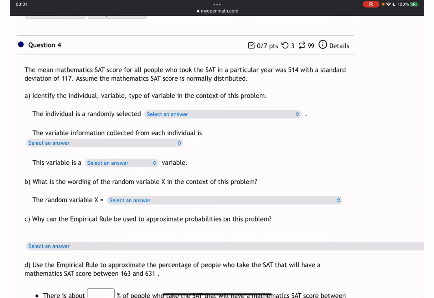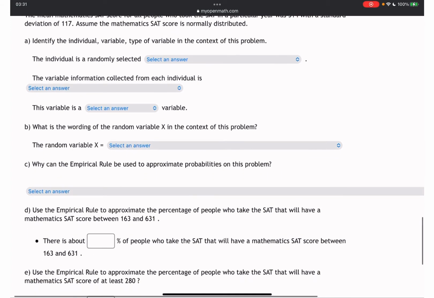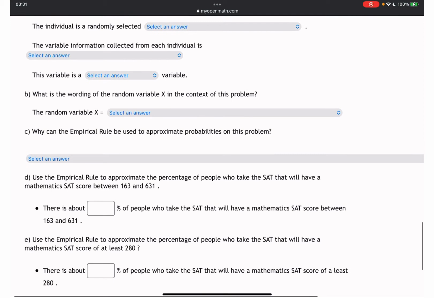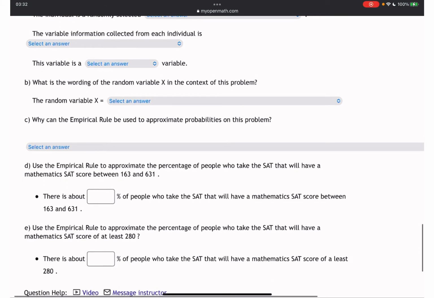So question number 4 is similar. There are just some questions that I would like to do with you. Up to question D it's going to be identical.